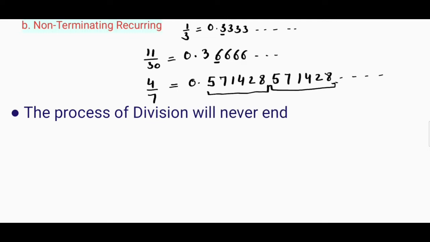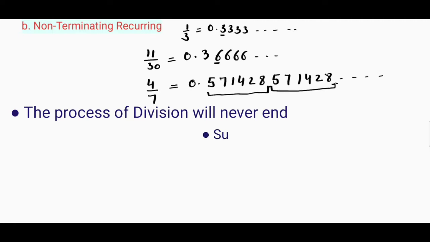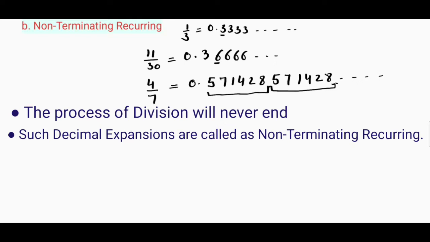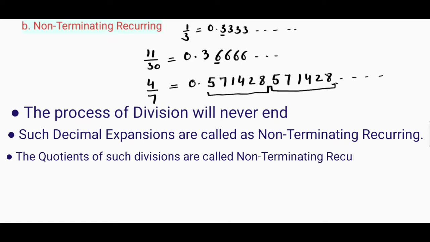Means it will not terminate, and we will not get remainder equal to 0. Such decimal expansions in which a digit or a set of digits repeats continuously are known as non-terminating recurring, and the quotients of such expansions are known as non-terminating recurring decimals.